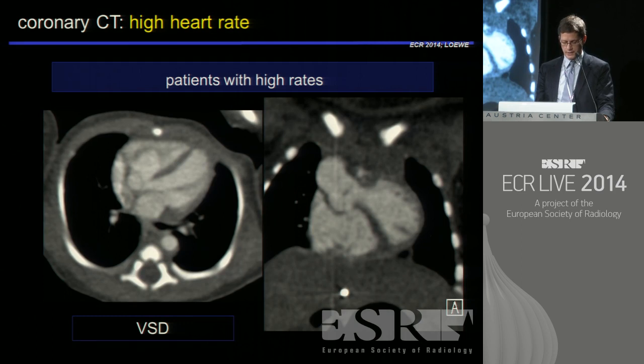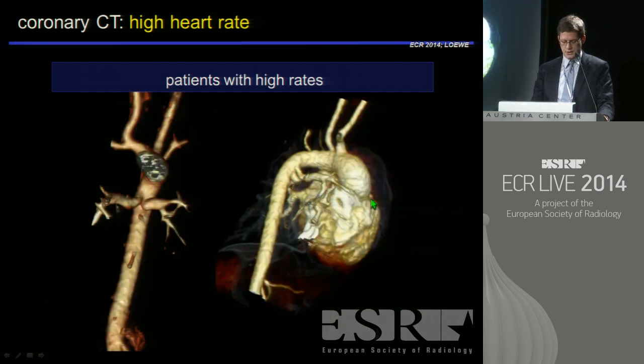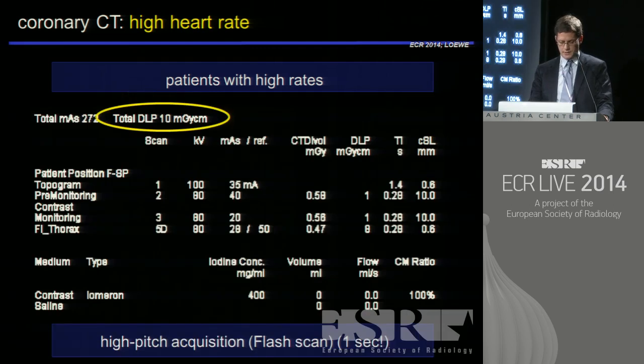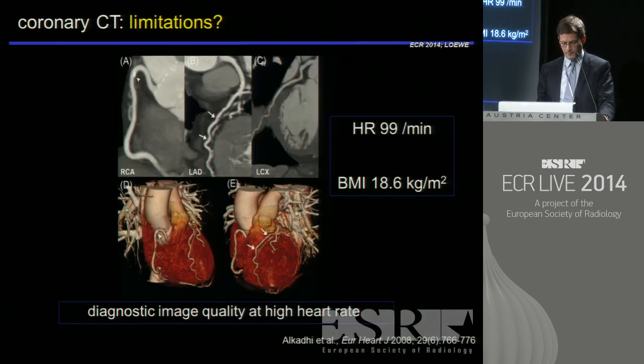And as you can see, really nice images could be obtained showing this ventricular septal defect, showing the overriding aorta here, and showing these aortopulmonary collateral arteries in this patient with a pulmonary atresia. And the really nice thing was that the radiation dose was just in the area of a couple of chest X-rays, or pretty low. We can use this modern so-called high-pitch technique in patients with high heart rates, and we can obtain good image quality even in these patients.